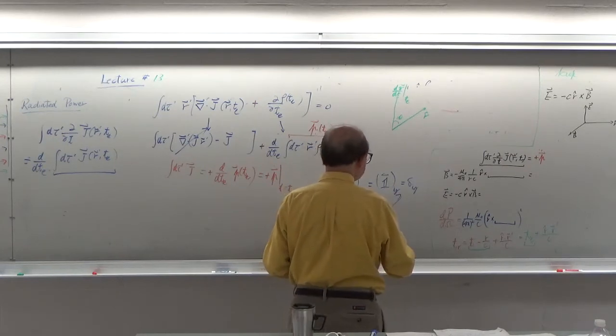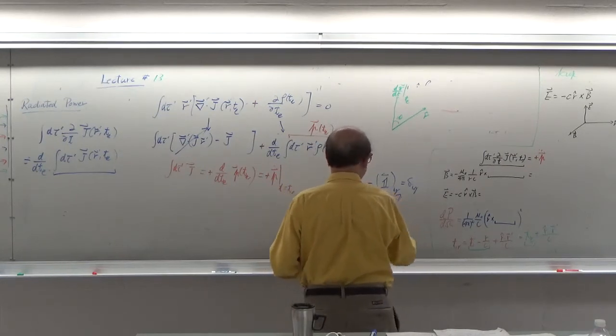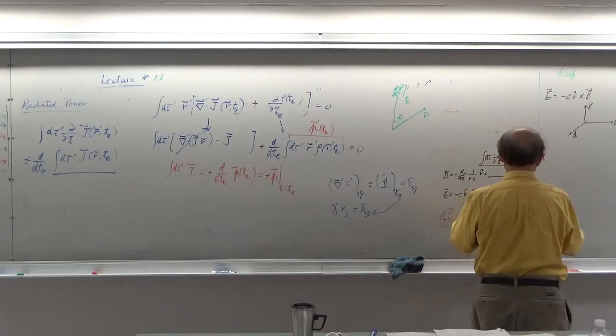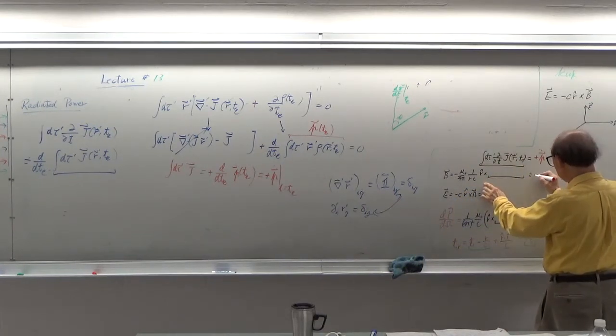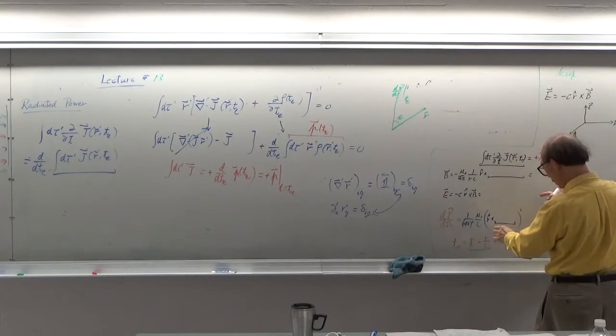So the expression for this B is minus, this is P dot here. And again, do the same thing here.